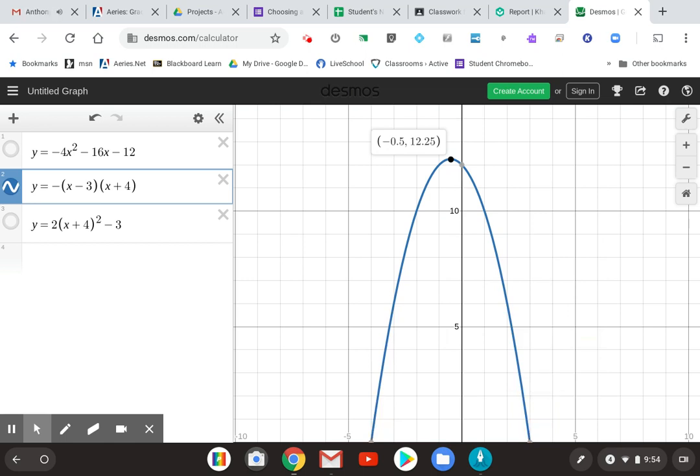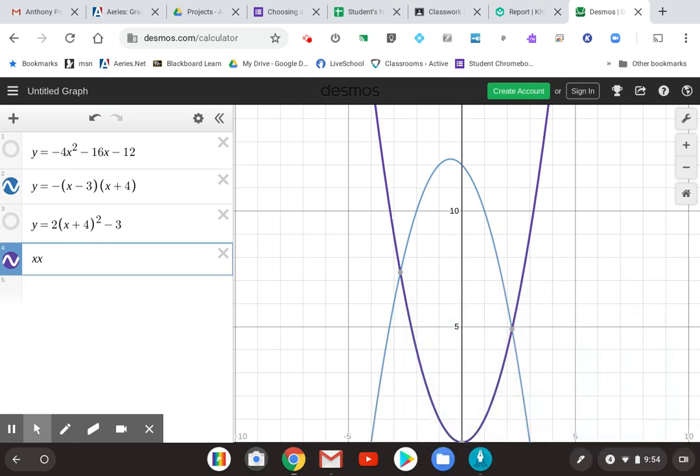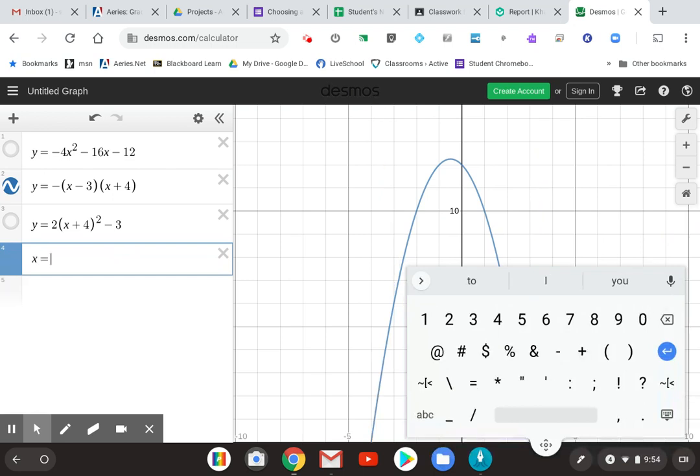Now, if we want to have our line of symmetry, it's just going to be x equals whatever your x value is. So if we did it here, x equals, and that was negative 0.5.